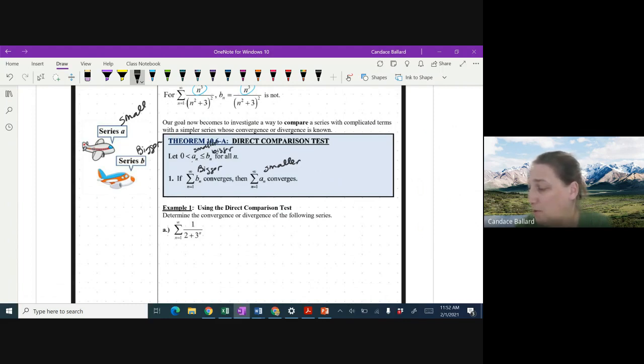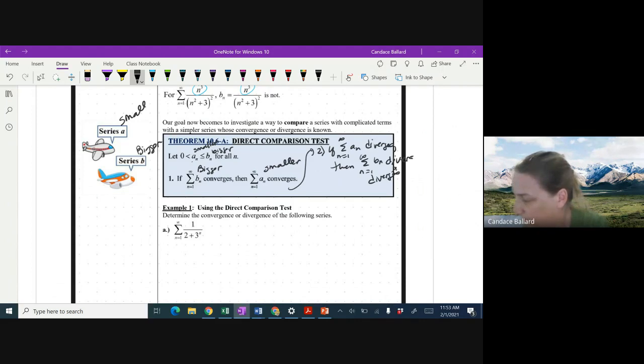Okay, so number 2, which totally got cut off, and I'm sorry about that. I don't know where to write, I'm going to kind of squeeze it in right here. Okay, so 2 should have said, if the sum as n equals 1 to infinity of a sub n diverges, then the sum as n equals 1 to infinity of b sub n also diverges.